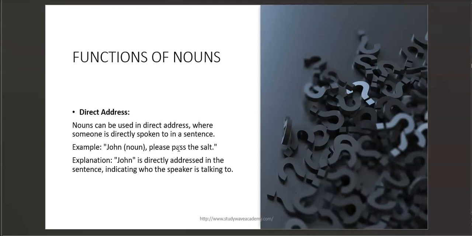So John is being directly addressed in the sentence, indicating who the speaker is talking to. Whoever is speaking is directly addressing John and telling John to pass the salt, okay? So direct address is another function of nouns, where you use them in conversations when you're talking to someone directly, okay?